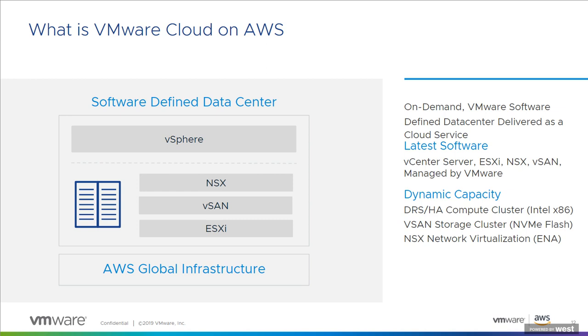You also gain dynamic capacity, including a DRS and HA compute cluster from Intel, a vSAN storage cluster with NVMe flash-based storage, and NSX networking virtualization, and these are all built on top of AWS's hardware infrastructure.